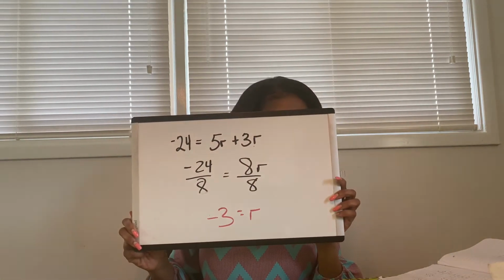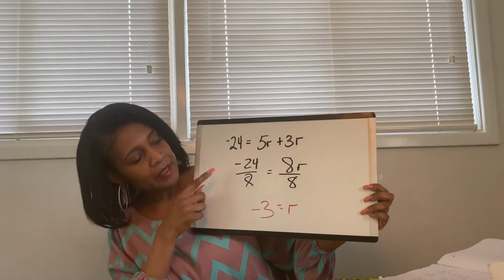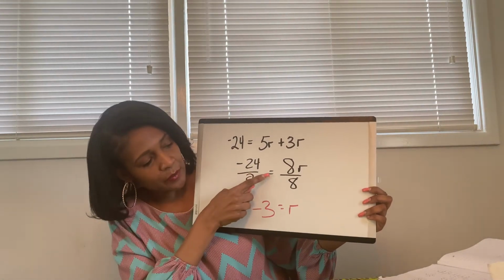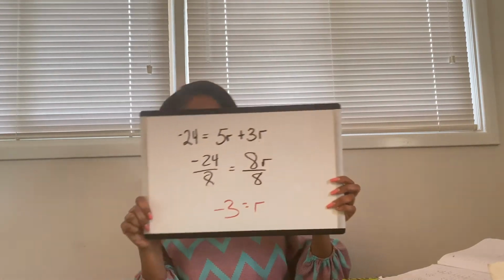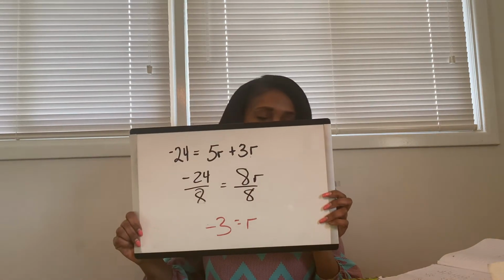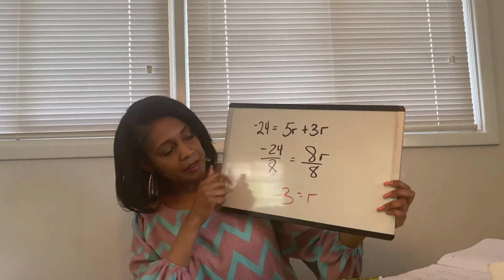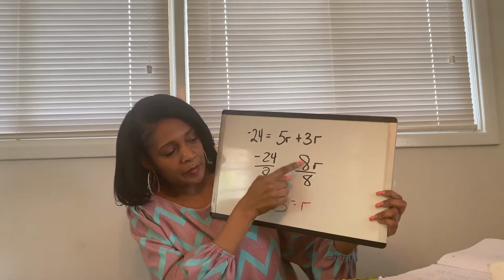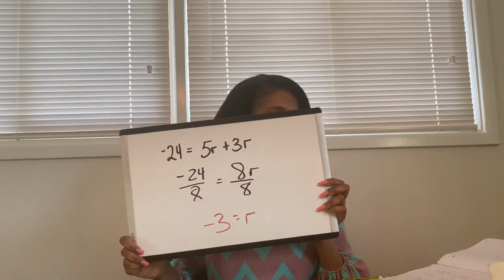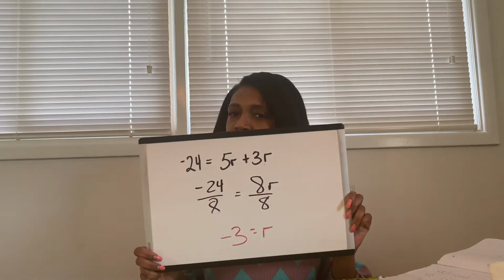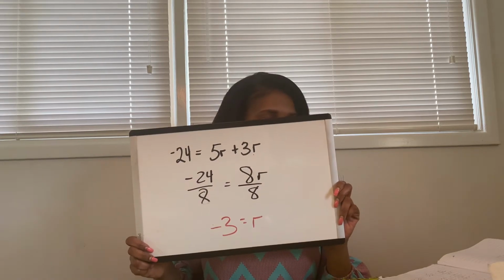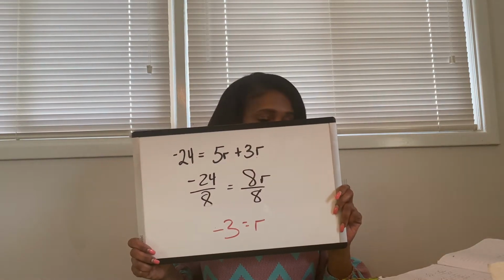I brought down my negative 24, so first I have negative 24 equals 8r. And then I dropped my 8, and I placed it under my negative 24 and also under my 8, okay? You understand that so far? All right, good. After that, I just simply divide.